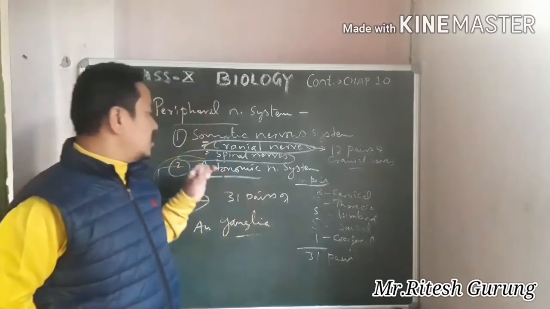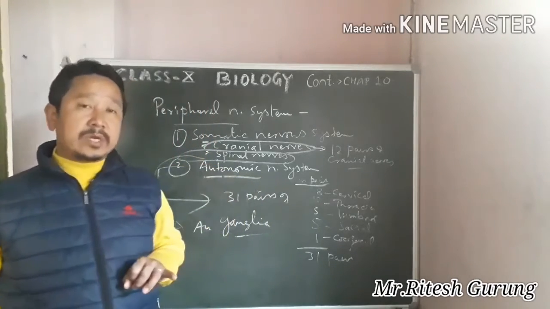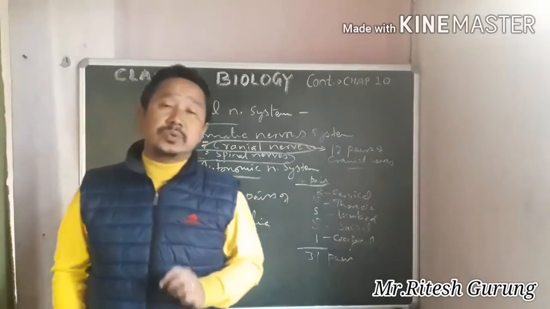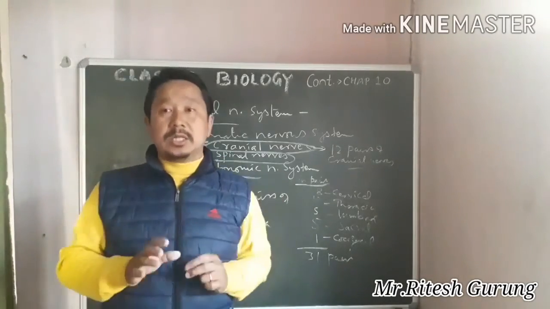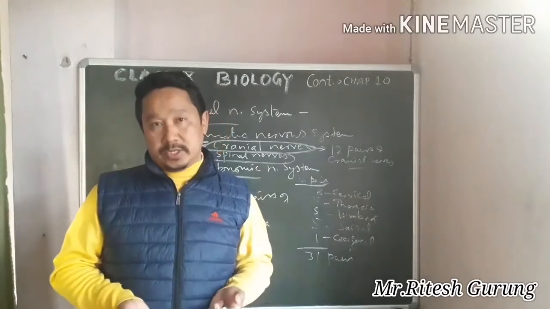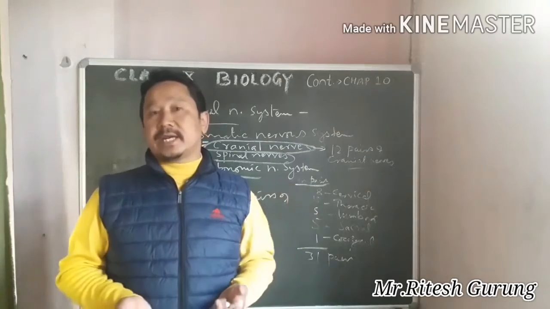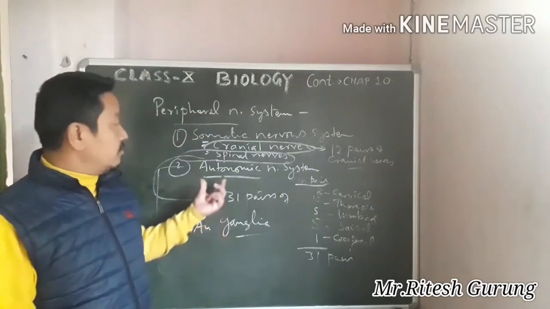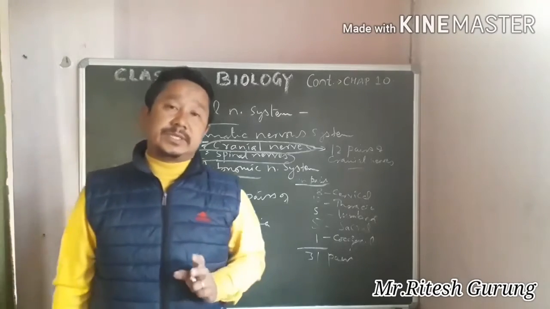That constitutes the autonomic nervous system, and its function is to control all the involuntary actions of the body. Involuntary activities of the body are controlled by your autonomic nervous system.